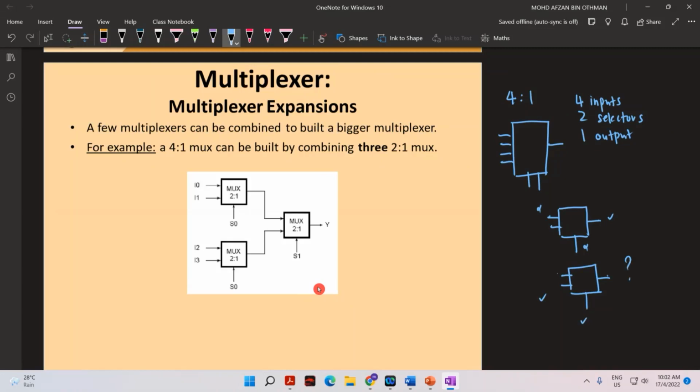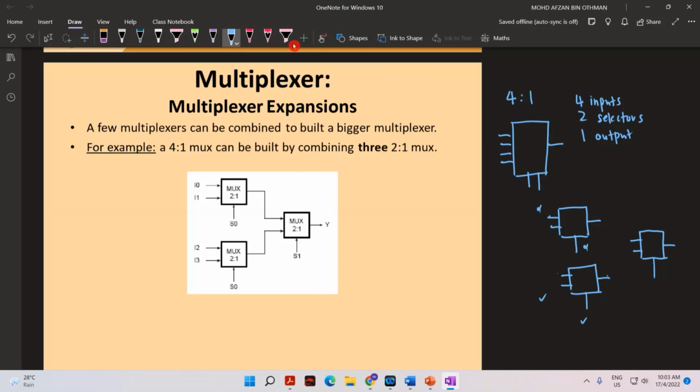So now what you're going to do? You need to have another 2:1 mux. Macam mana kita nak jadikan dua outputs ni supaya jadi satu je output?